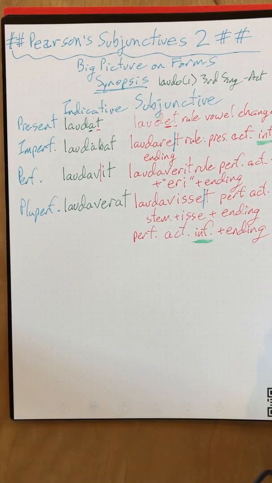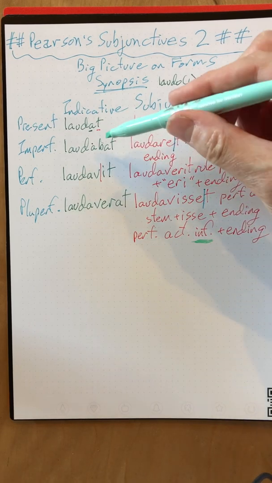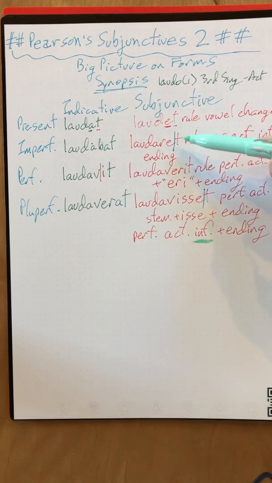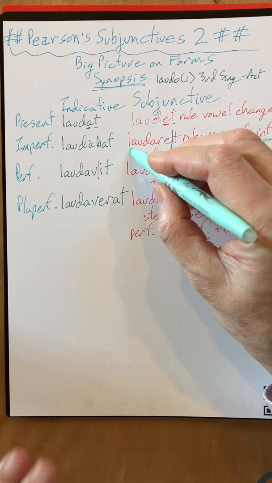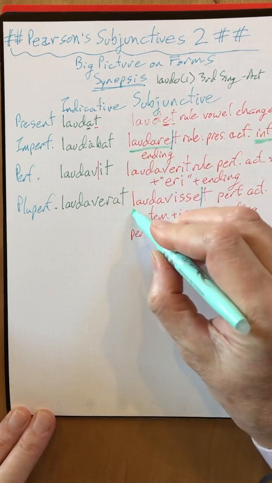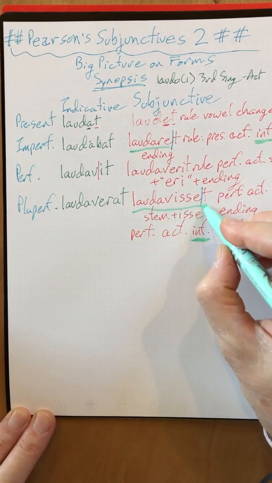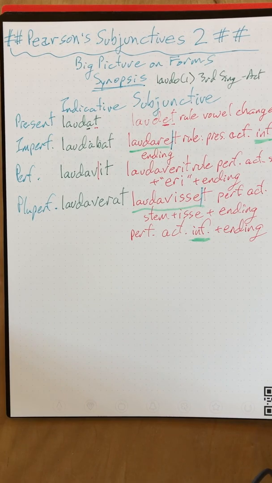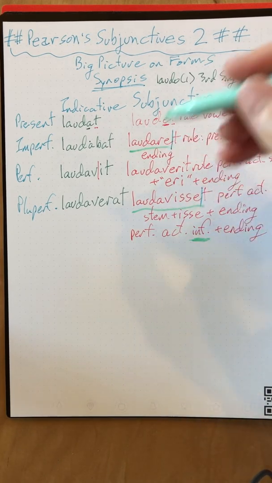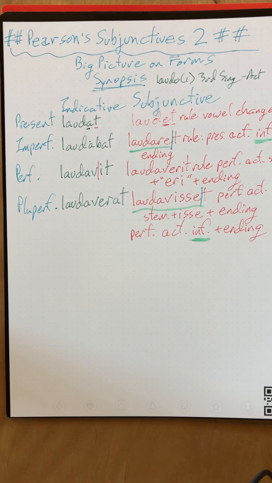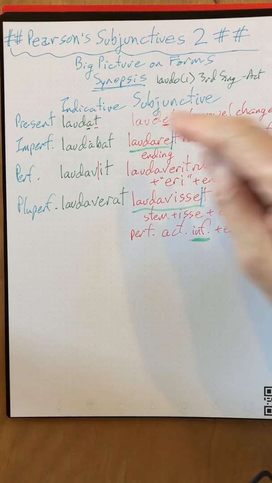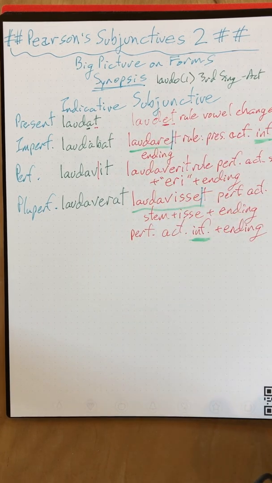Yeah. So this happens in the imperfect and the pluperfect. Laudaret, laudavisset. Very strange. But I think there's something in that made sense to the Romans. So this is a basic layout of the active of the subjunctive in synopsis form. Next lesson is on the passive.